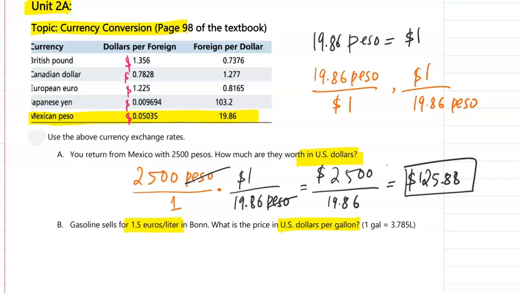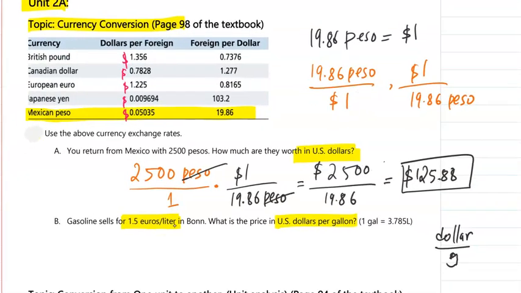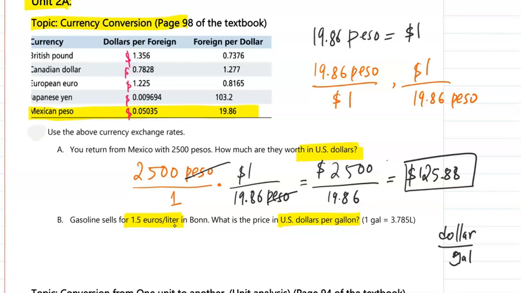So your answer must have dollar in the top as a unit, and the gallon in the bottom as a unit. That must be the answer unit.